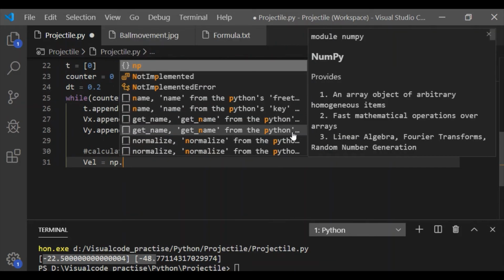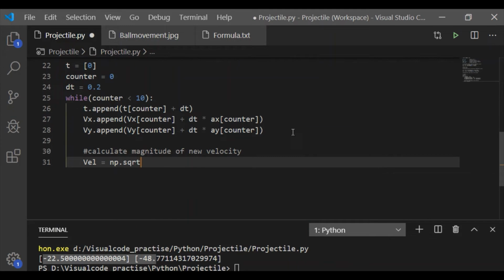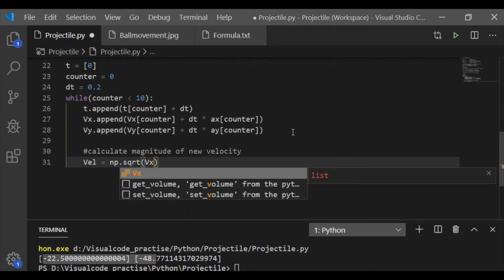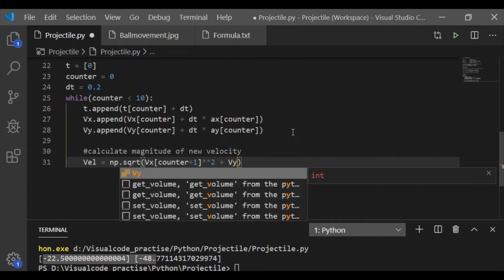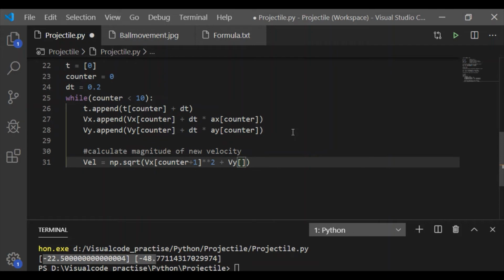So applying this formula, let us take the new velocity to the variable vel, velocity, square root of Vx counter plus 1 square plus Vy counter plus 1 square, which is nothing but the magnitude of new velocity, square root of x square plus y square. Based on the slope of the velocity curve, the magnitude of the new velocity gets calculated.